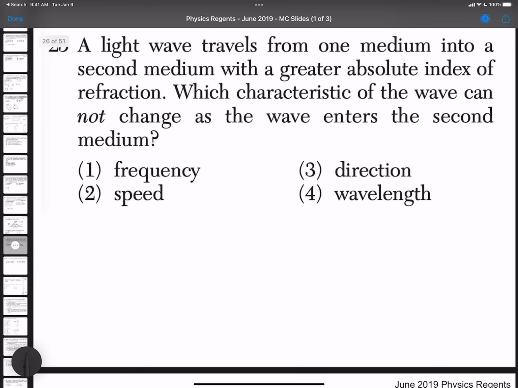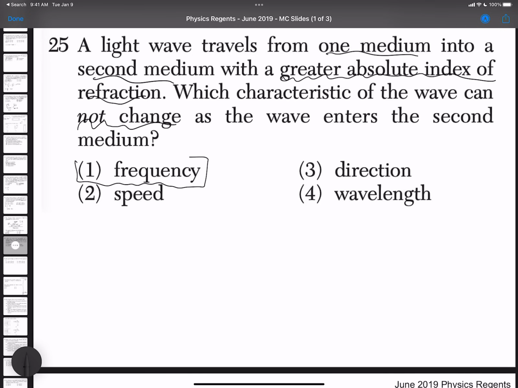All right, question 25. A light wave travels from one medium into a second medium with a greater index of refraction. Which characteristic of the wave cannot change as the wave enters the second medium? So the only characteristic of a wave that cannot change as the wave enters the second medium, independent of if the wave got faster or slower, if it bent or not, is the frequency.